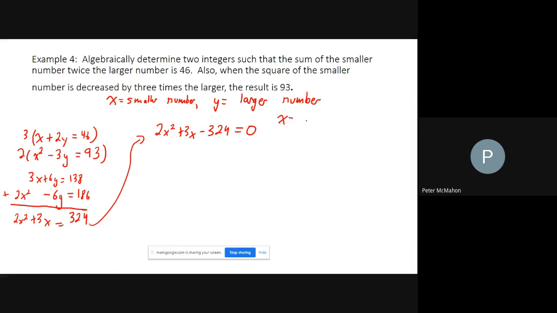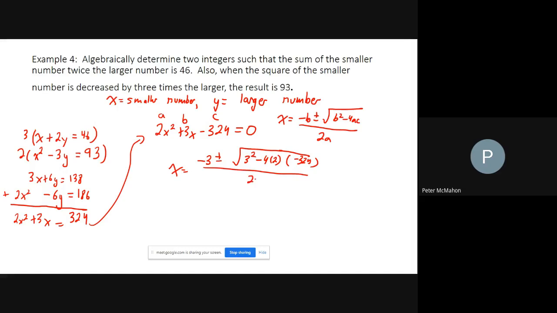So review for that, we have x equals negative b plus or minus the square root of b squared minus 4ac all over 2a. So x equals, so here's my a, here's my b, negative 324 is my c value. Negative 3 plus or minus the square root of 3 squared minus 4 times 2 times negative 324 over 2 times 2.